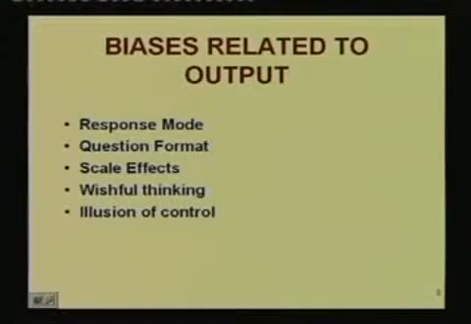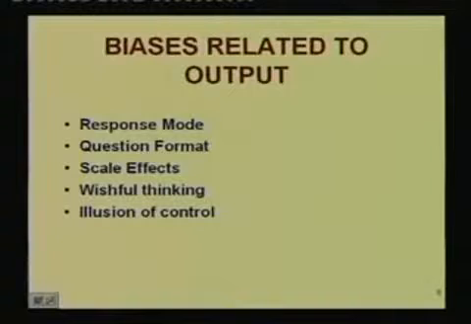Second kind of bias could be scale effects. If you choose a very small kind of scale, you can actually make variations which are quite high look quite negligible.